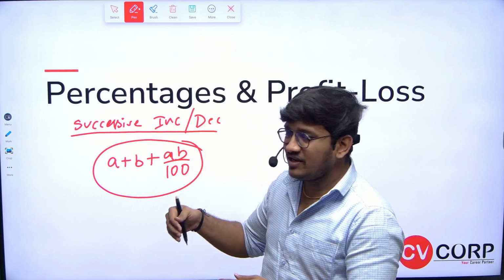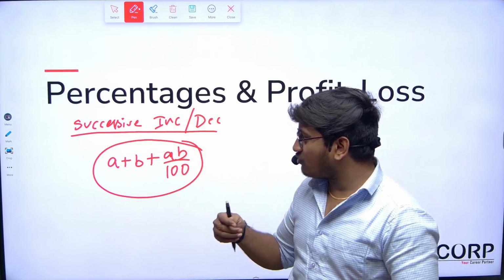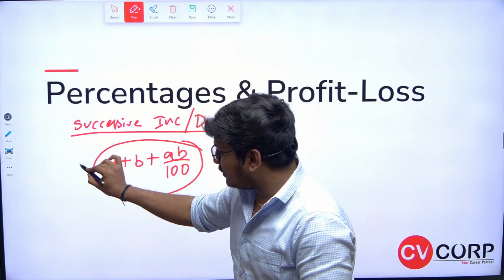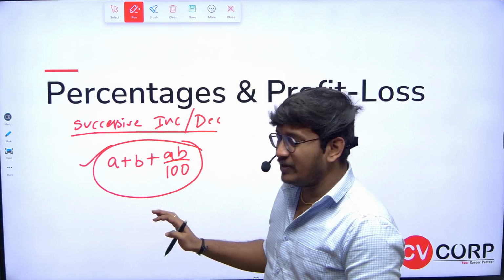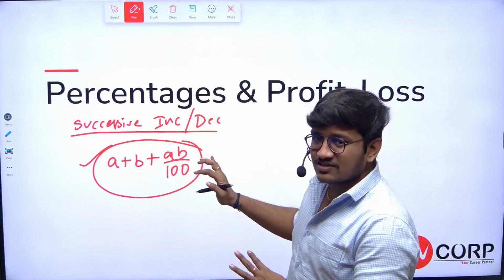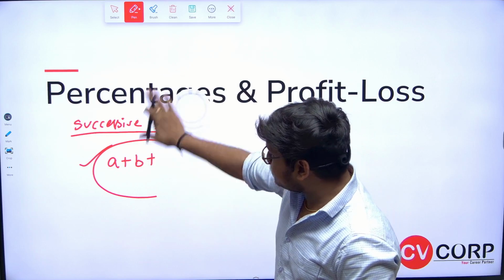It can be increasing 2 times, decreasing 2 times, or one time it can increase and one time it can decrease. For all the types, we can use the formula A plus B plus AB by 100.